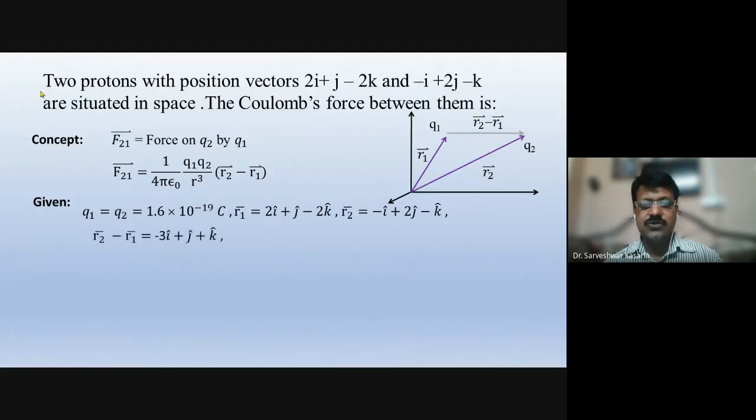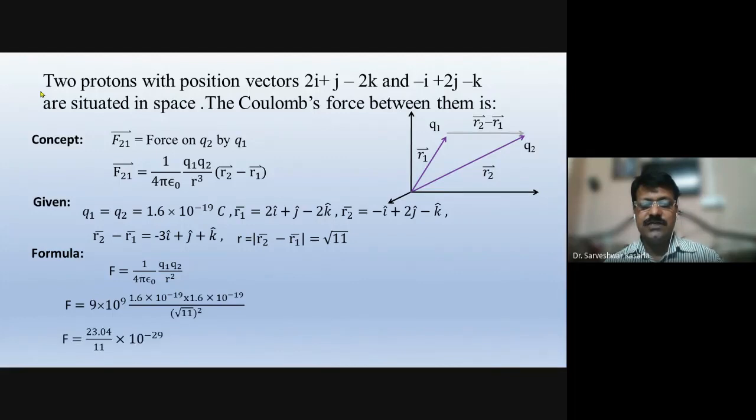So here R2 minus R1, that is the vector from q1 to q2, is minus 3i plus j plus k. So the distance between q1 and q2 is equal to square root of 11. So here the formula we use only for magnitude is 1 upon 4 pi epsilon 0 q1 q2 upon r square. If you put the values and solve it, you will get the answer like this.